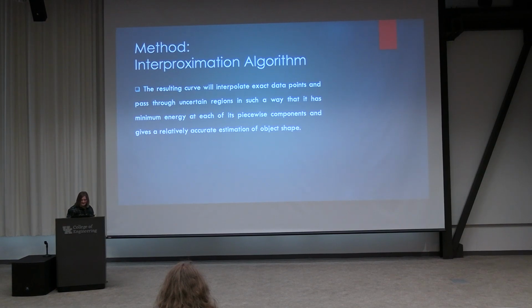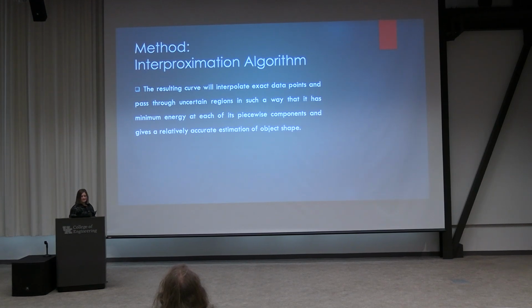All right, so interproximation will ensure that it will pass through exact points, and it will pass through the uncertain regions where we do not know where the depth value should be or what object it belongs to, whether it belongs to the object in the front or in the back, or it's the object that we are looking at.